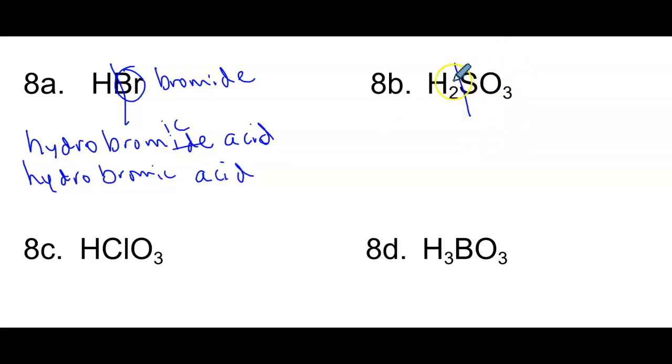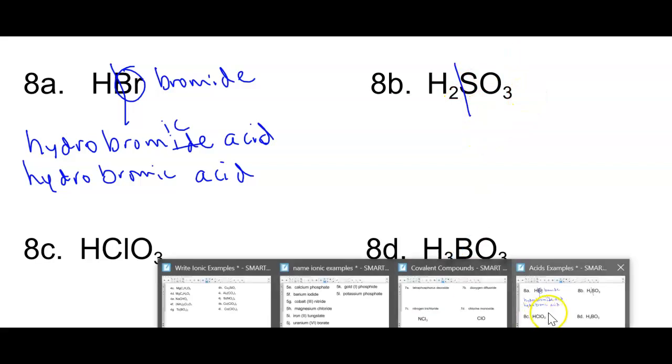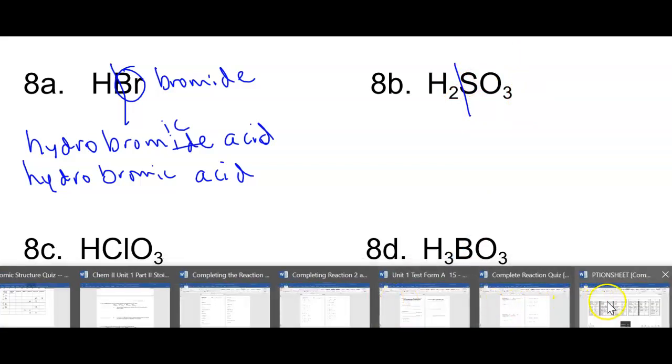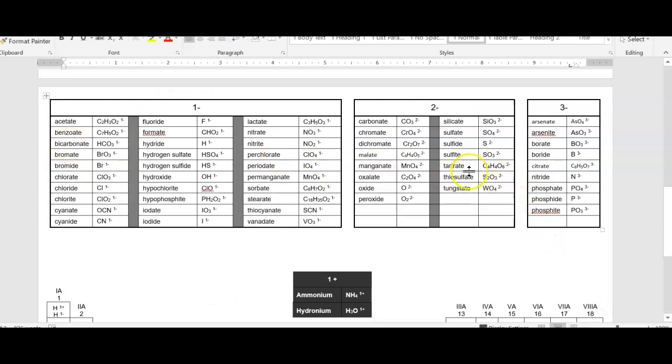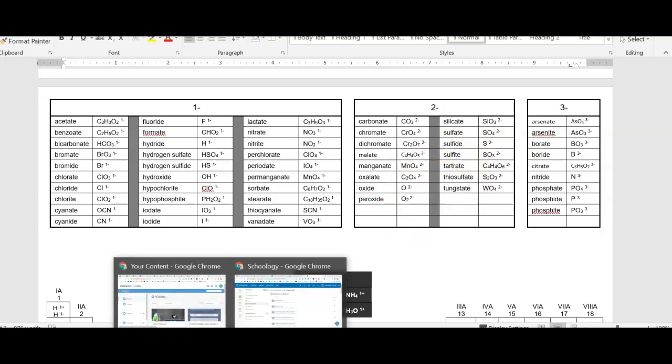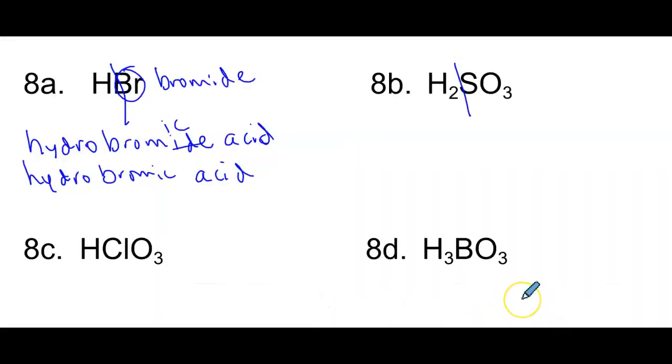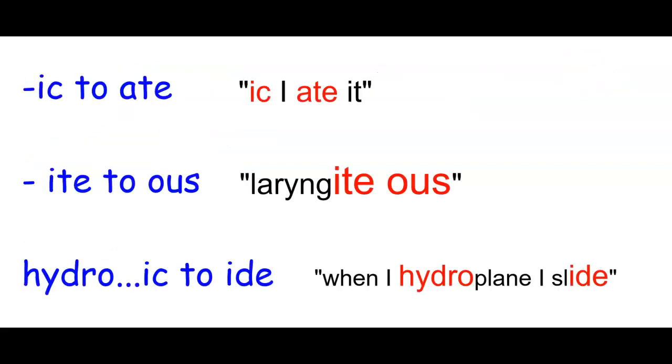Split the compound, see what SO3 is called. SO3 is called sulfite. So I'm going to think about it as sulfite. Let's go back and look at the trick.